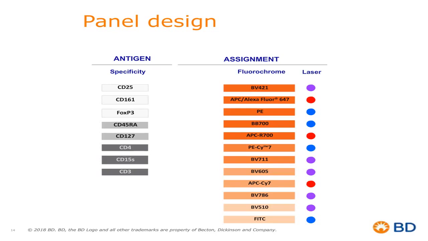When we're thinking about fluorochromes that we want to save, we wanted to save fluorochromes that were probably off the violet laser and also off the red laser, and we might want to just save tandem fluorochromes. What you'll see is that the fluorochromes are listed from BV421 on the top to FITC on the bottom with a gradation of orange, and that's meant to indicate fluorochrome brightness.